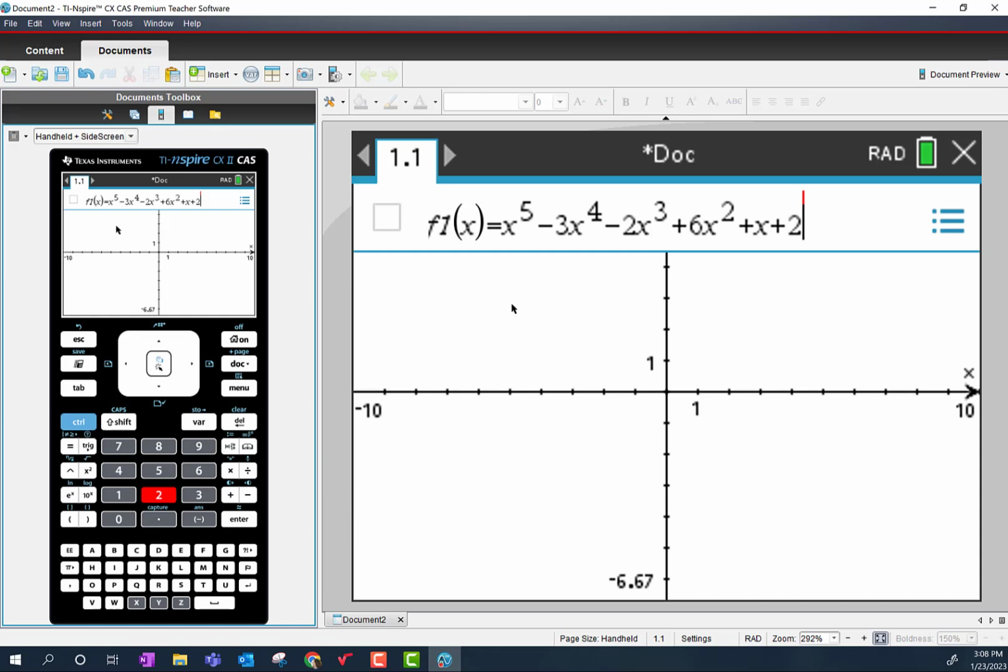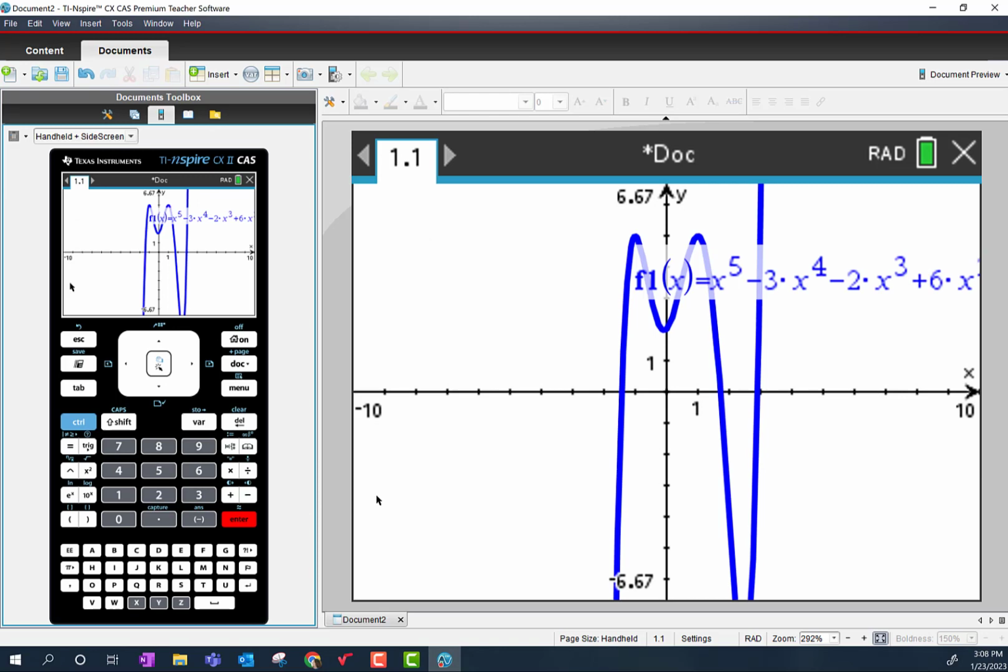Okay, let me look at this before I hit enter. So I got x to the fifth minus 3x to the fourth minus 2x cubed plus 6x squared plus x plus 2. Okay, looks good to me. Enter. All right, there it is.